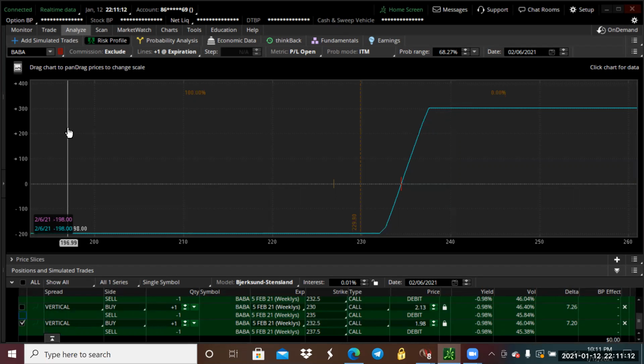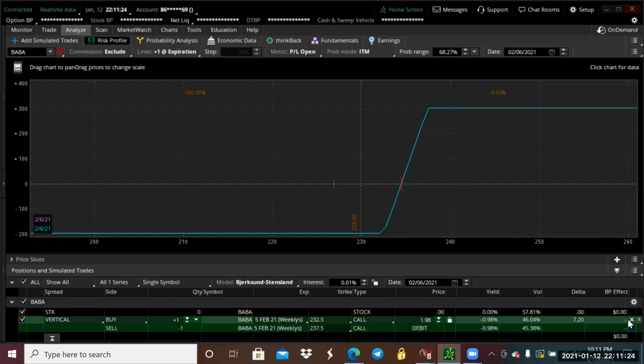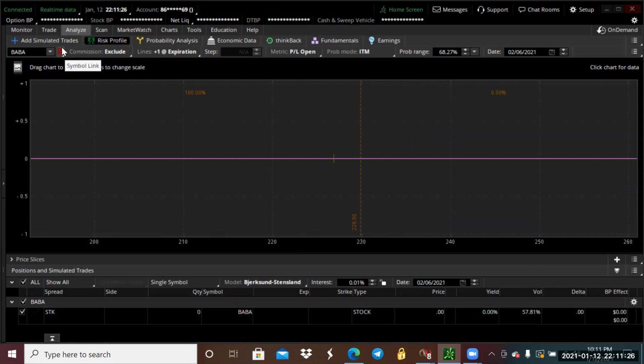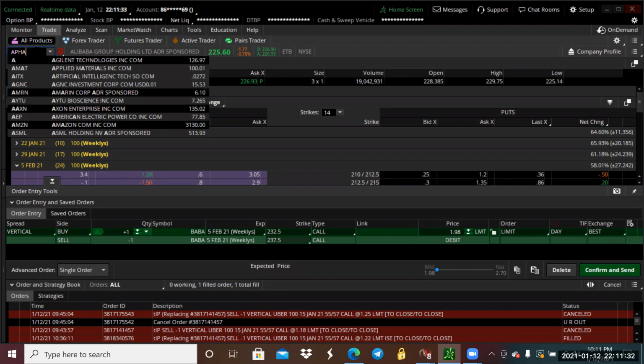So let me have you look at what I traded earlier. Okay, let me take everything off. This is a different one now. Let's do trade APHA.